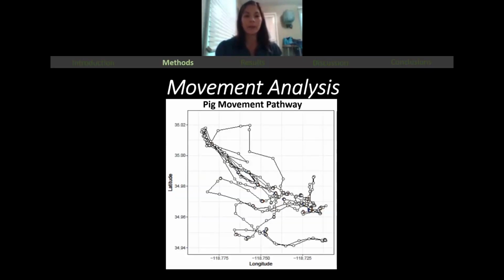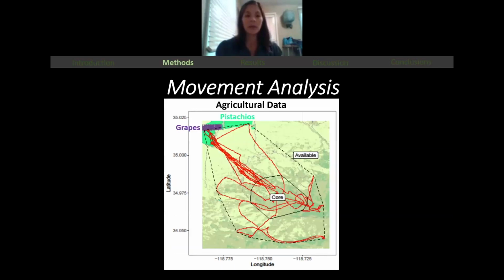So here we have an example. This pig, we've got their entire movement pathway, and then we used a continuous time movement model. We fit that on top of their pathway, smoothed it out so that we could get a location at any time along their collaring duration. And then we put this pathway onto an agricultural layer.